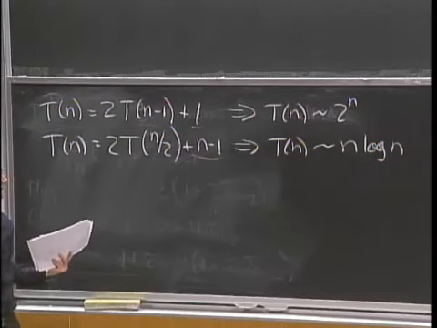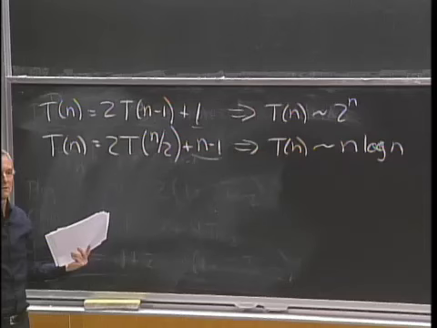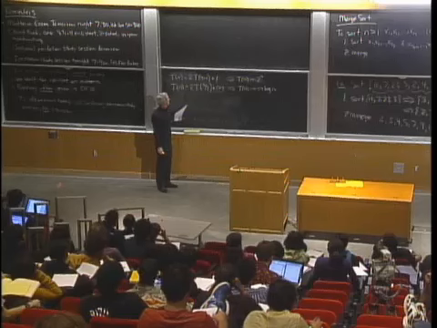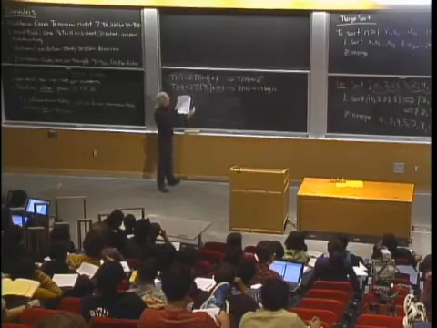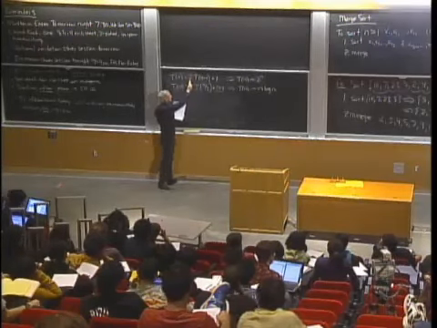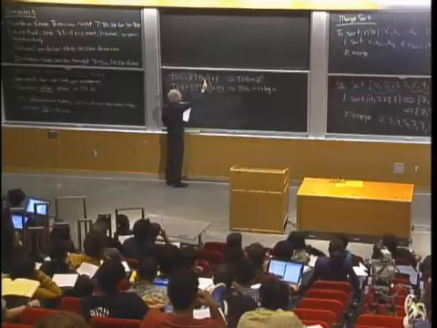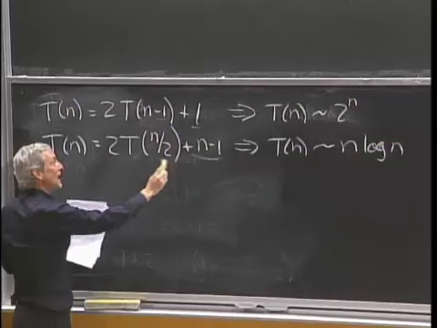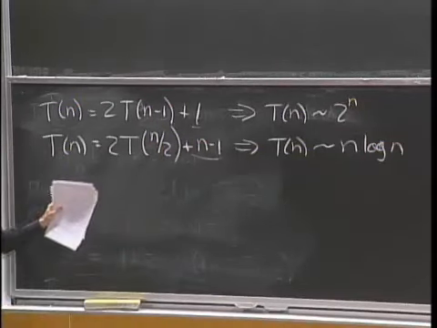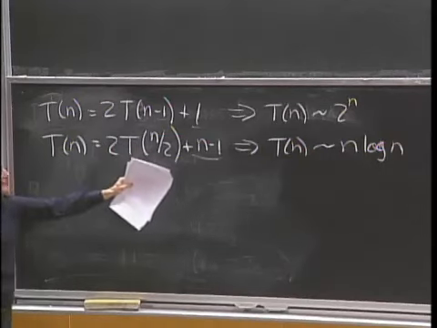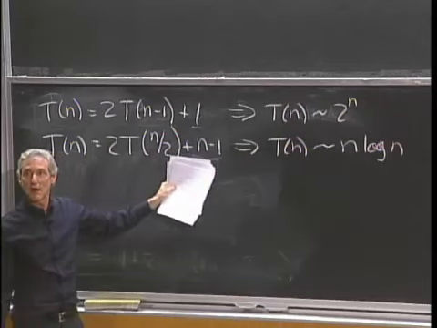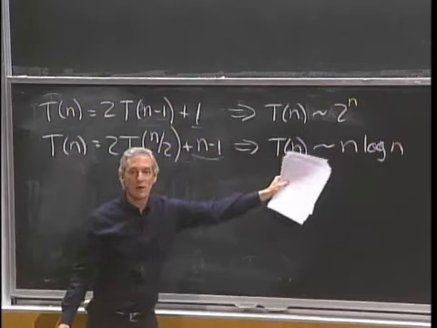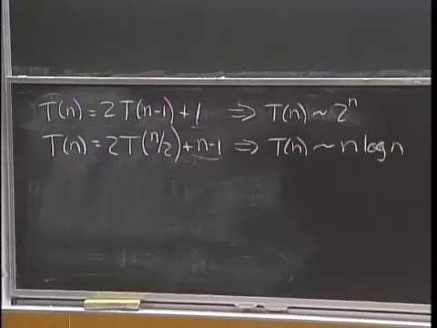For the second one, you're dropping the argument of t a lot faster. You're cutting it in half every time instead of subtracting 1. Right. So here, it's going to go away faster. That's right. Here I've got 2 problems of size 1 less. Here I've got 2 problems of half the size. And that makes an enormous difference in the answer. Even though I'm doing more work after I did the recursive problems, much faster running time or answer, if these are algorithms that I'm analyzing.